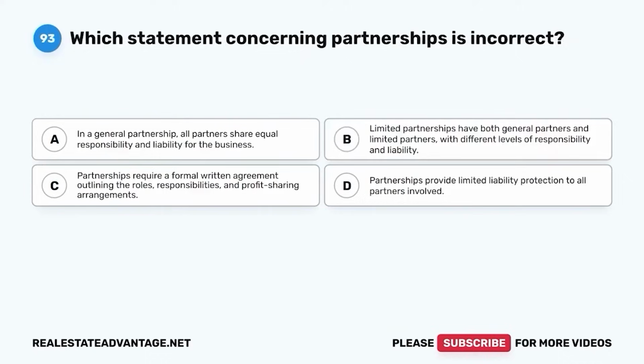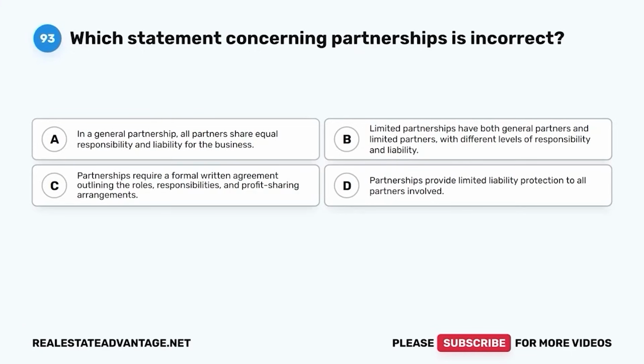Question 93. Which statement concerning partnerships is incorrect? A. In a general partnership, all partners share equal responsibility and liability for the business. B. Limited partnerships have both general partners and limited partners with different levels of responsibility and liability. C. Partnerships require a formal written agreement outlining the roles, responsibilities, and profit-sharing arrangements.